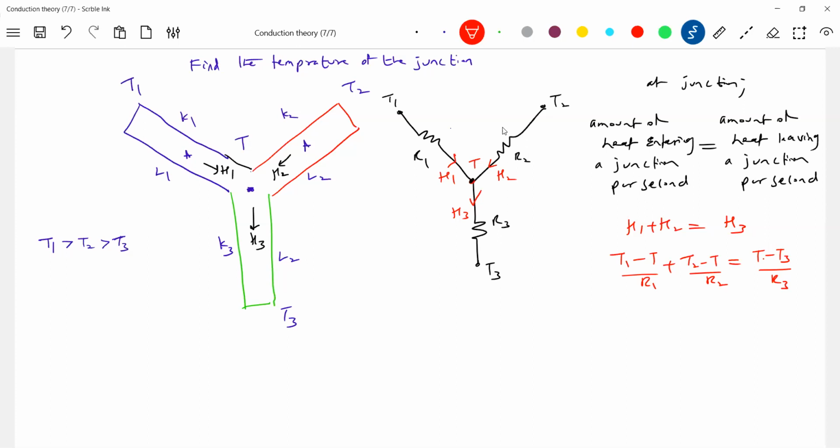We know lengths L1, L2, L3, or I'll do one thing. I'll make it a little bit easier. 2L, L, L by 2. Okay, we'll have values like this. It'll be easy for us. Okay, let's substitute all. So T1 minus T. What is R1? R1 is 2L by KA. T2 minus T, R2 equal to L by 2KA.